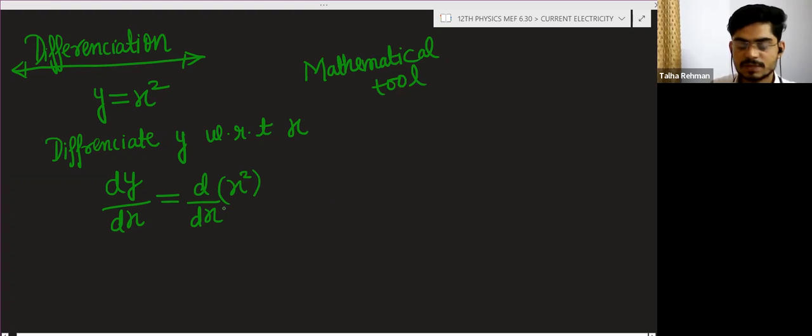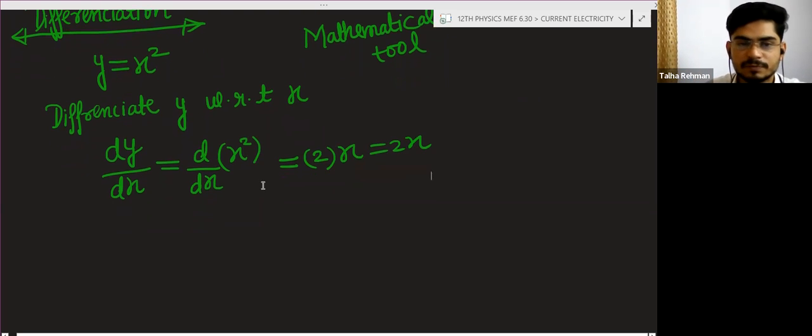In simple words, if you want to find the answer, write this power here, and x, so the answer is 2x. It means decrease 1 from the power.